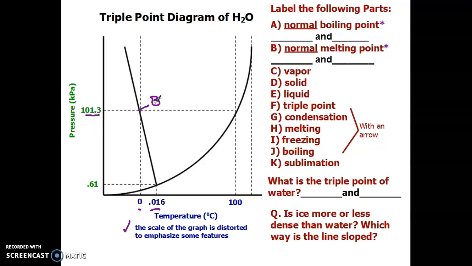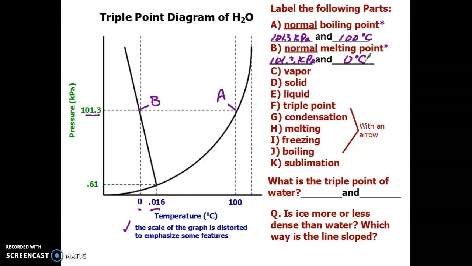So we find 100 degrees, we find our 101.3 kilopascals, and that's our normal boiling point. So normal boiling point should be 101.3 kPa and 100 degrees Celsius. Normal melting point should be 101.3 kPa and 0 degrees Celsius.